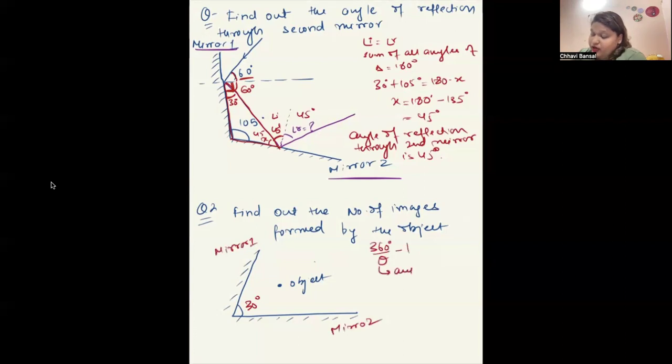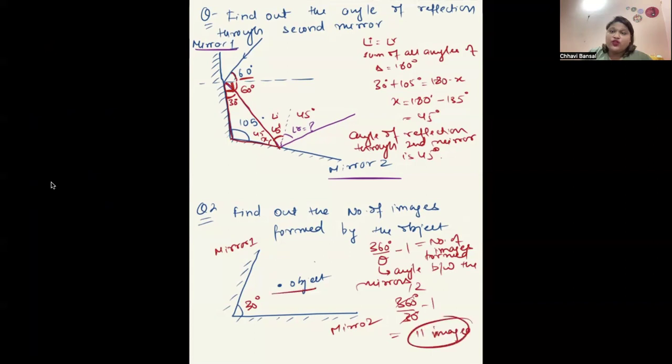Theta is the angle between the mirrors. For example, here it's 30 degrees. So 360 degrees by 30 degrees minus 1: 12 minus 1, 11 images are formed of this object if two mirrors are inclined to each other at 30 degrees. Clear? So these are the questions that we can do on the basis of angle of reflection.